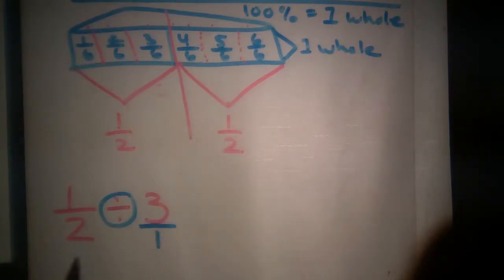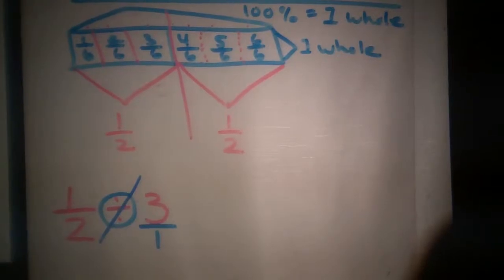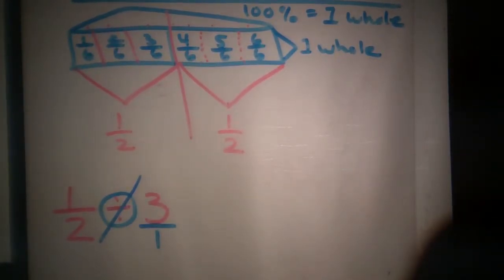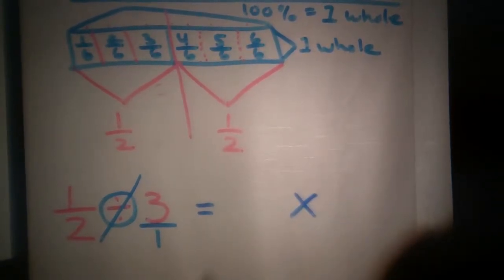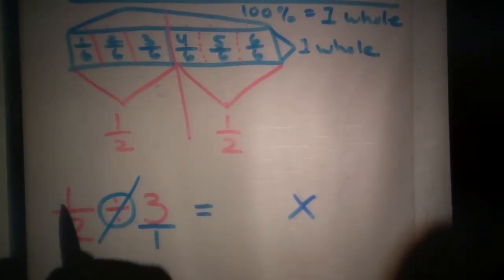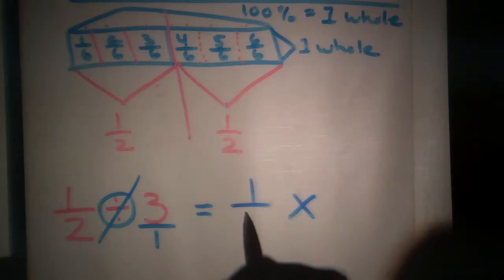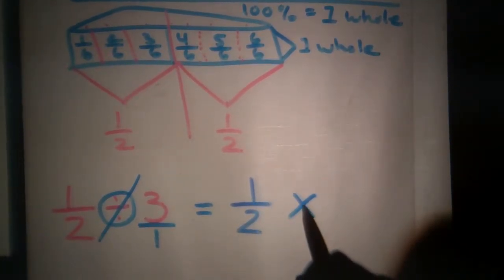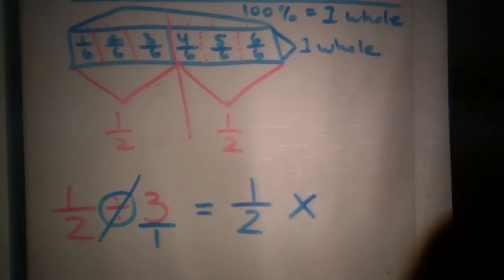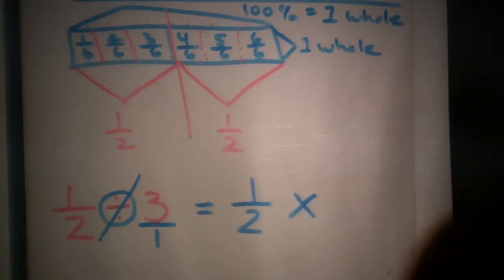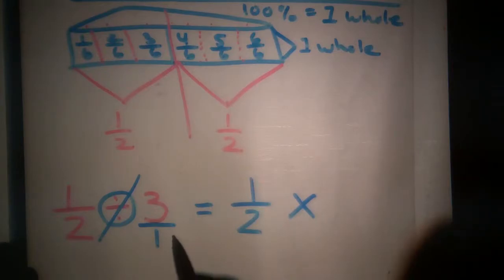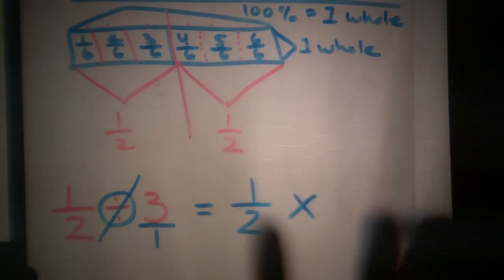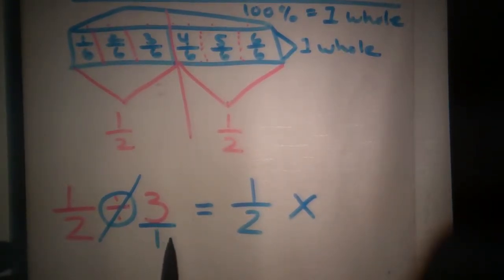Now I have 1/2 divided by 3/1, but we don't divide. We have to multiply our fractions. So to multiply our fraction, I'll take this first fraction, 1/2. I will change our operation to multiplication, but what I need to do at this point is take the reciprocal or the inverse, or turn it upside down, of 3/1.